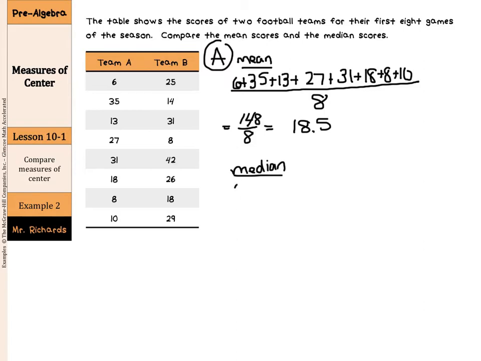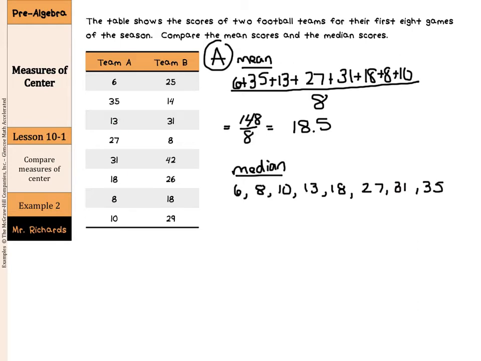We'll have 6, 8, 10, 13, 18, 27, 31, 35. And again, it's helpful to say, all right, 1, 2, 3, 4, 5, 6, 7, 8. I have all of my games.